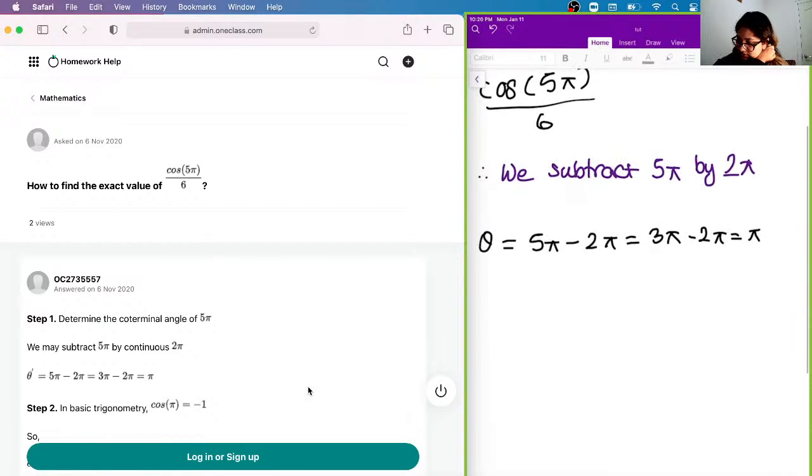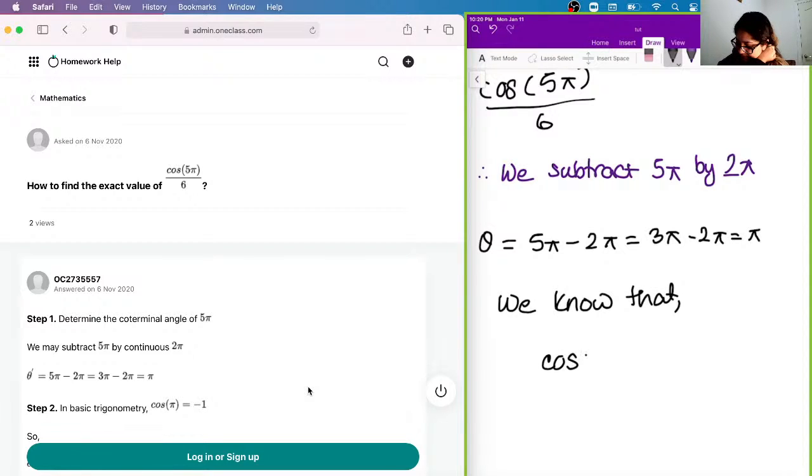In basic trigonometry, we know that cos of pi is equal to -1, right? So we can also say cos of 5 pi is also equal to -1.